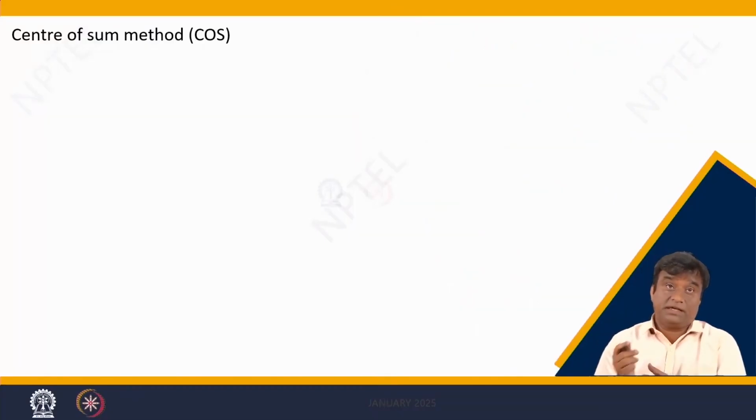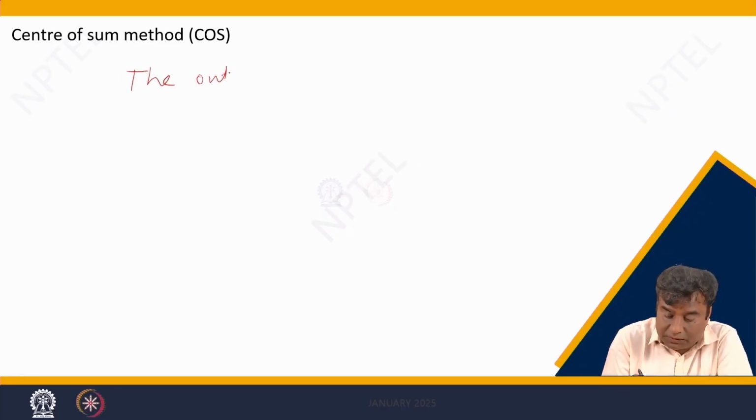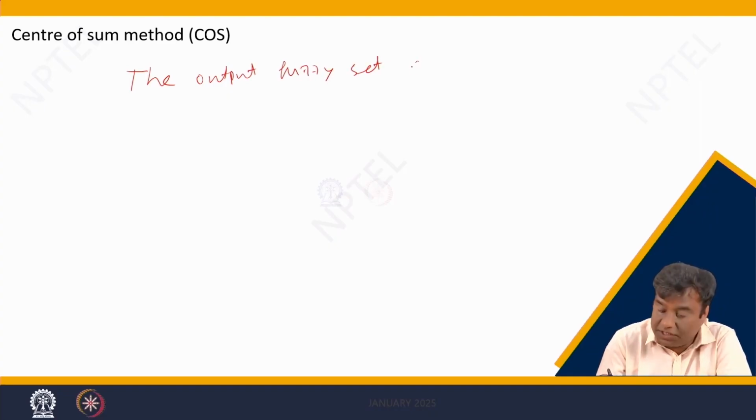The next one is the center of sum method. Here also the output fuzzy set C equals C1 union C2 and so on union Cn.